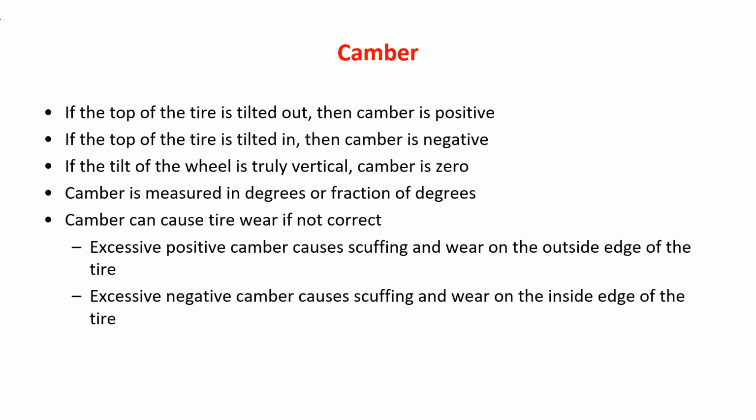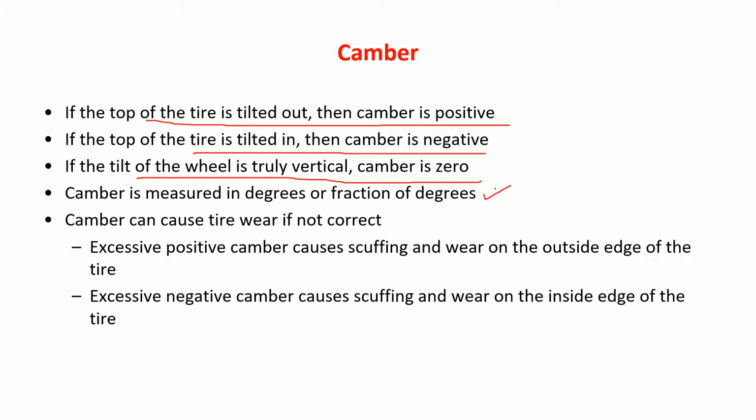Whatever I explained, I have written down there once again. If the top of the tire is tilted out, then camber is positive. If the top of the tire is tilted in, then camber is negative. If the wheel is truly vertical, then camber is zero. And we measure in degrees, whether it's 1 degree, 1.5 degrees or 2 degrees, whatever it is, we will see that later.